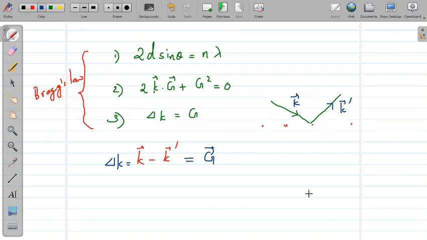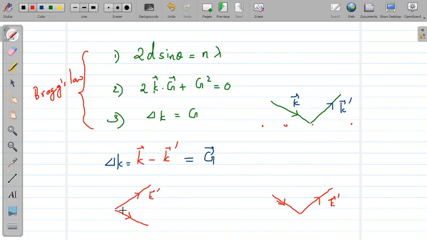So how do you construct the difference between these vectors? If you have two vectors, you have the triangle law. Suppose this is the incident k bar, and the ray is getting scattered in the k dash direction. You can actually move one of the vectors. So k bar is in this direction, and I am going to move this vector a little upward to this side. So this is effectively k dash.